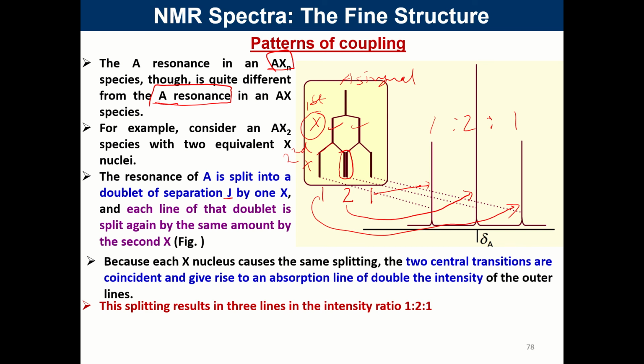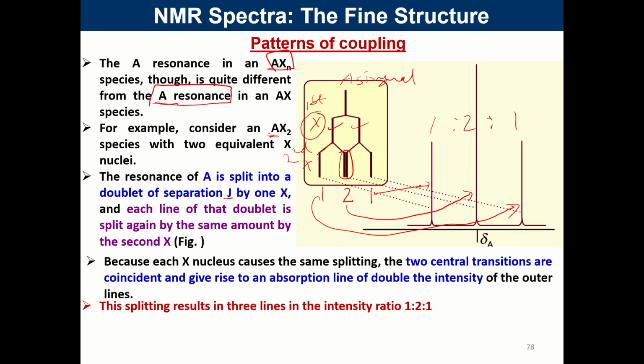So the resultant in this AX2 system is the interaction of both the spin-half nuclei, one appearing at one extreme of the chemical shift scale and the other at the other extreme. This is the pattern that you will obtain if you are looking at the A signal.